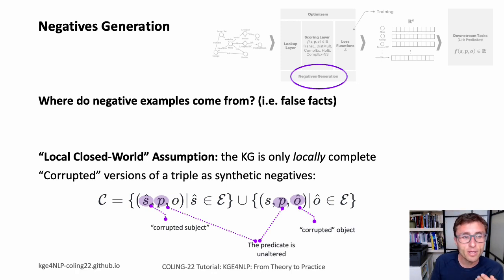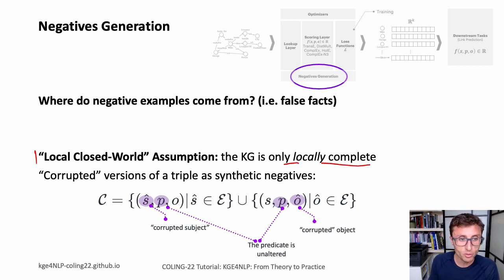We generate them on the fly, exploiting the so-called local closed world assumption, which states that the knowledge graph is only locally complete, right? So if you look at a very specific area of a knowledge graph, then we can consider it as complete. So we are more inclined to corrupt it, to swap, replace subjects and objects of triples with other nodes of the graph to generate statements that don't make sense, right?